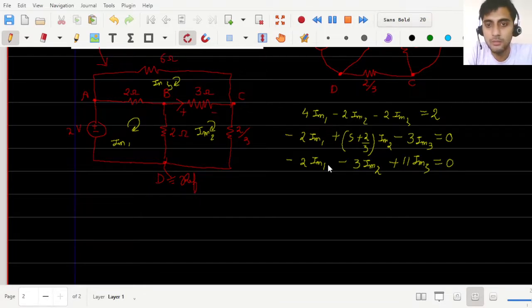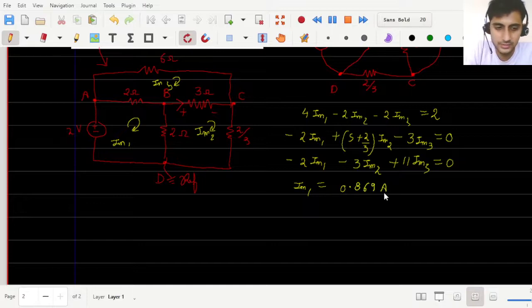So let me solve this. The matrix is 4, minus 2, minus 2; minus 2, 17 by 3, minus 3; minus 2, minus 3, 11; with the source vector 2, 0, 0. So my IM1 is 0.869 amperes.